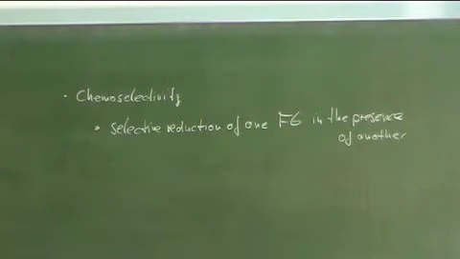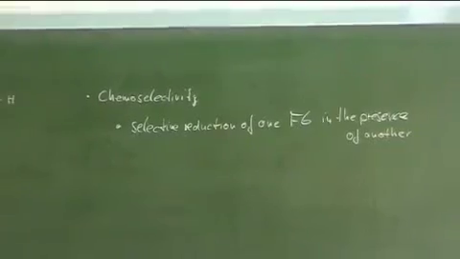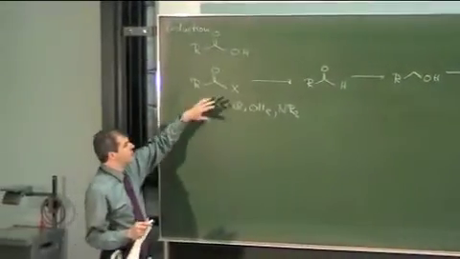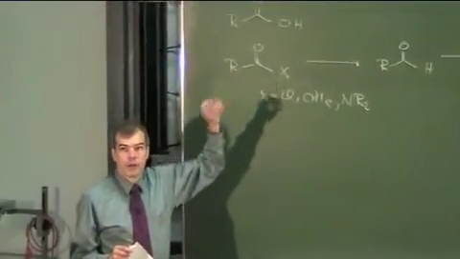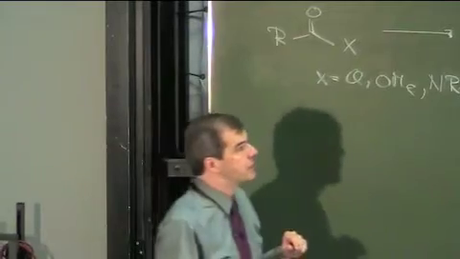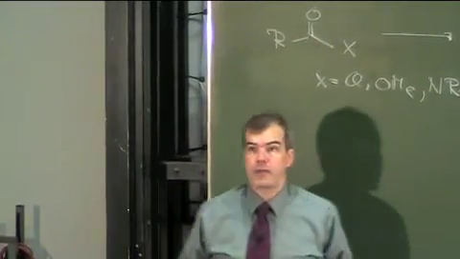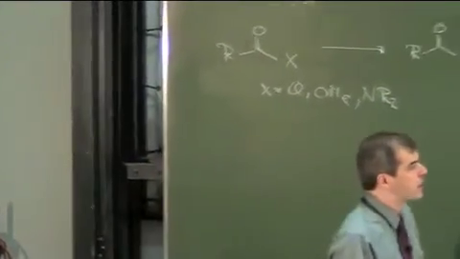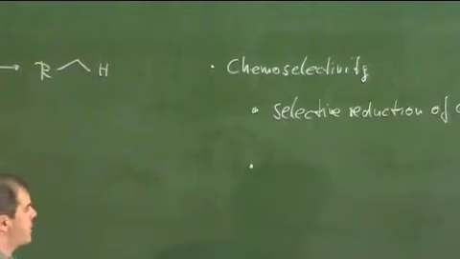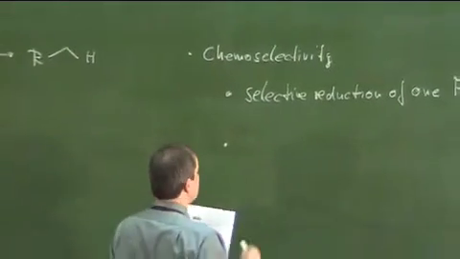The one thing I'm sure you already realize is that you have a good chance to selectively reduce or react a more reactive carbonyl derivative in the presence of a less reactive carbonyl derivative. But you will see that you can even reverse this type of rule I've just put forward.